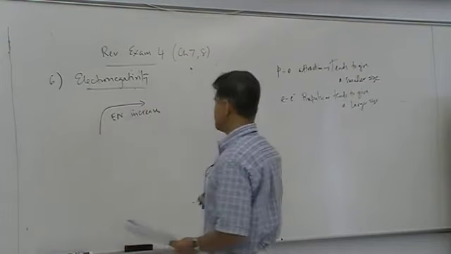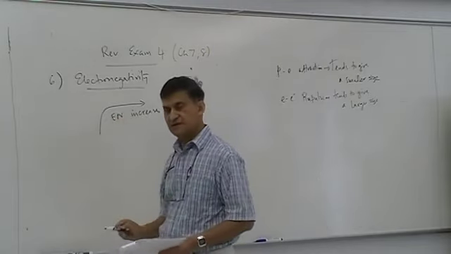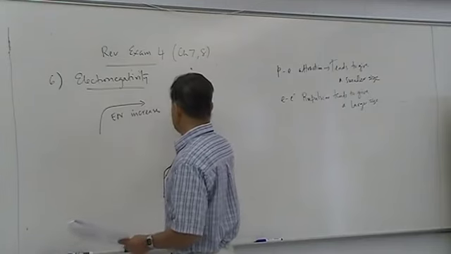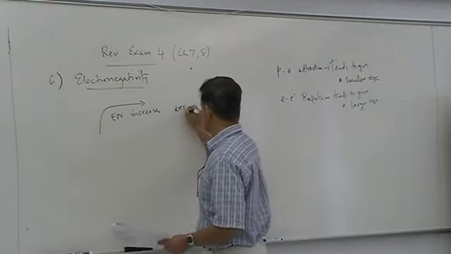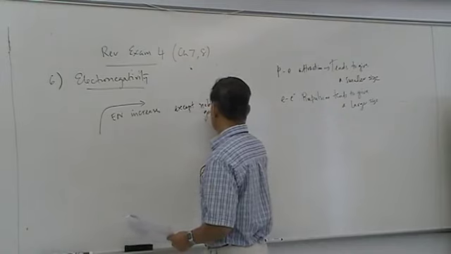When you look at the periodic table, as you're going up and then go to the right, electronegativity increases, except noble gases. So leave out noble gases.